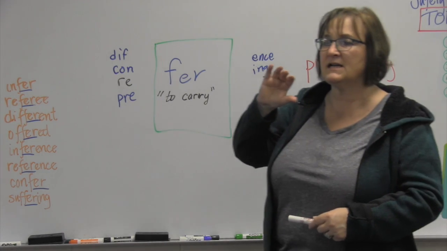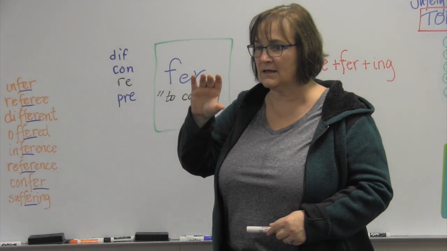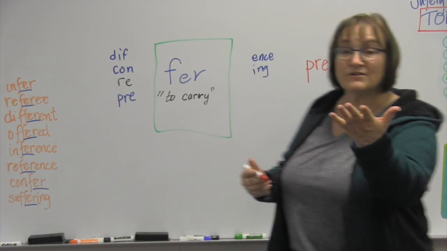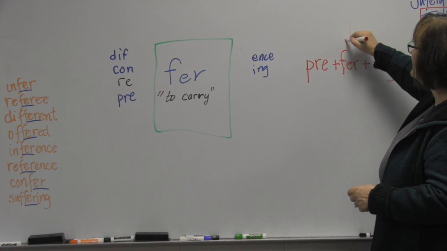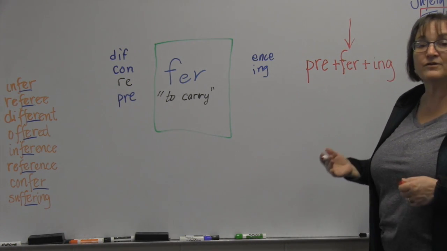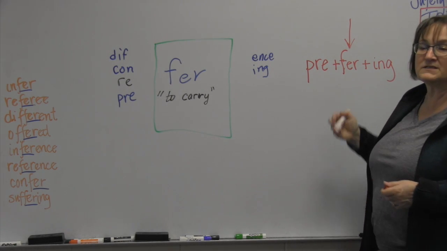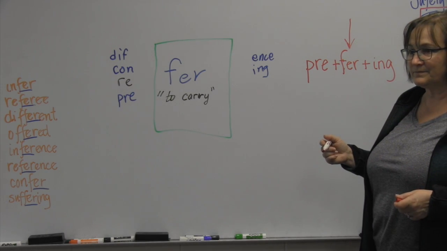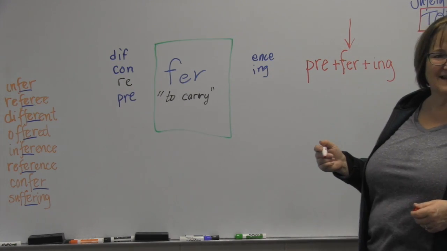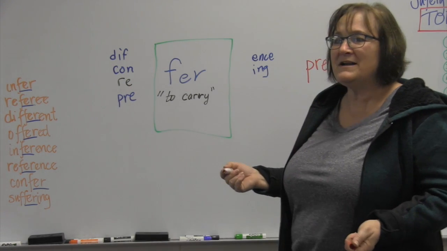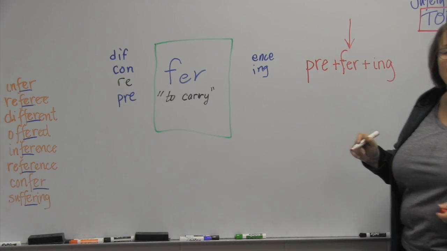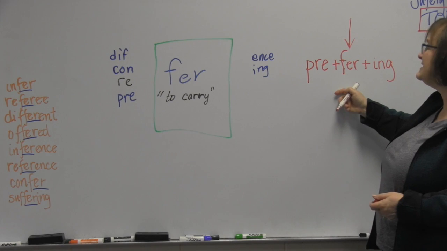I want you to say it as if you're calling somebody by that name. Prefer. You can hear yourself putting the stress here, can't you? Right there. Prefer. I prefer that. Put the stress here once and see how weird the word sounds. Prefer. You would almost even wonder what word that is, right?